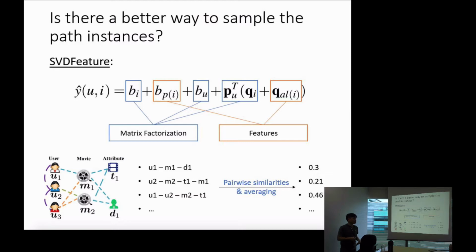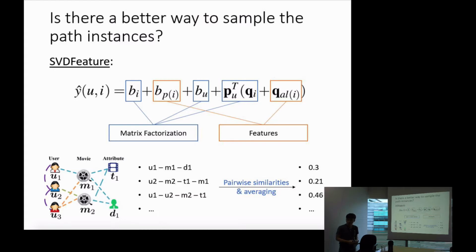So let me think about it. The first one is the same as uniformly sample, right? And the prediction is different. They have the notion of the metapath. This one doesn't have.